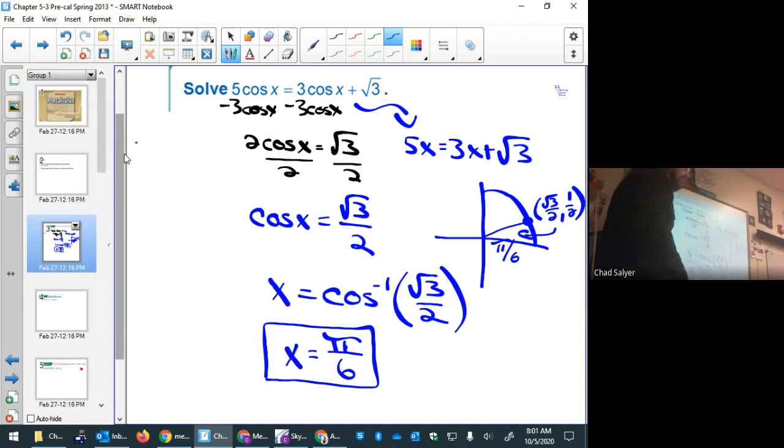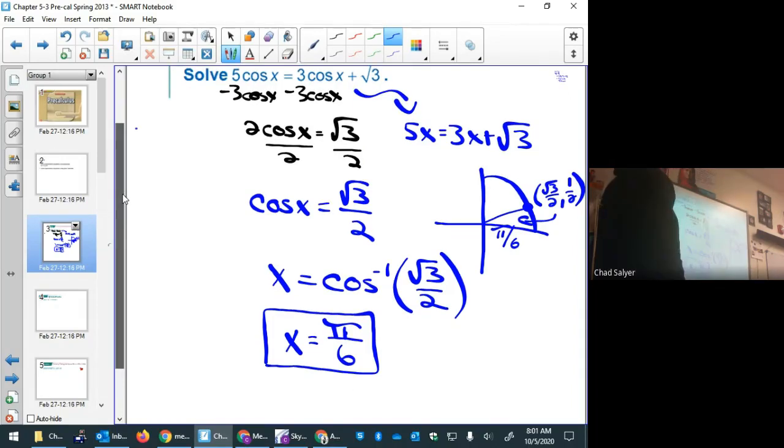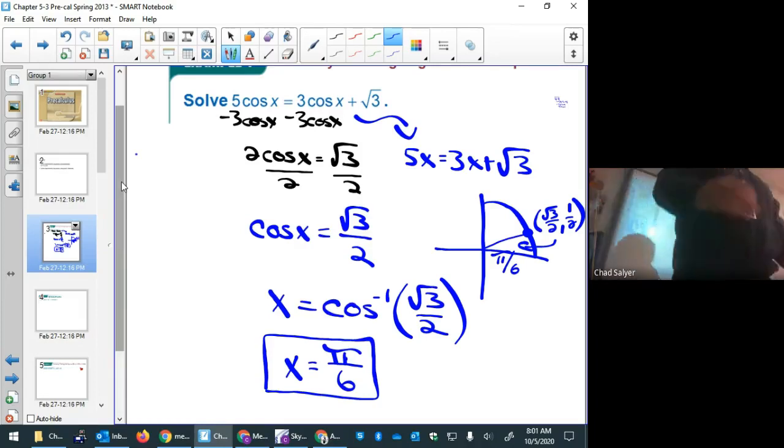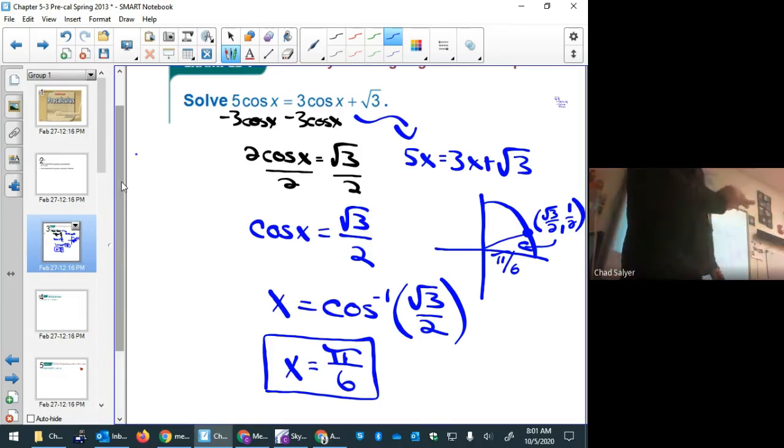Infinite. So if I want a solution, this is perfectly valid. If I want every solution, then I would have to do an additional step. Now later on, they're going to ask us for every possible solution, and I'll show you what I mean by that. Questions about this one?